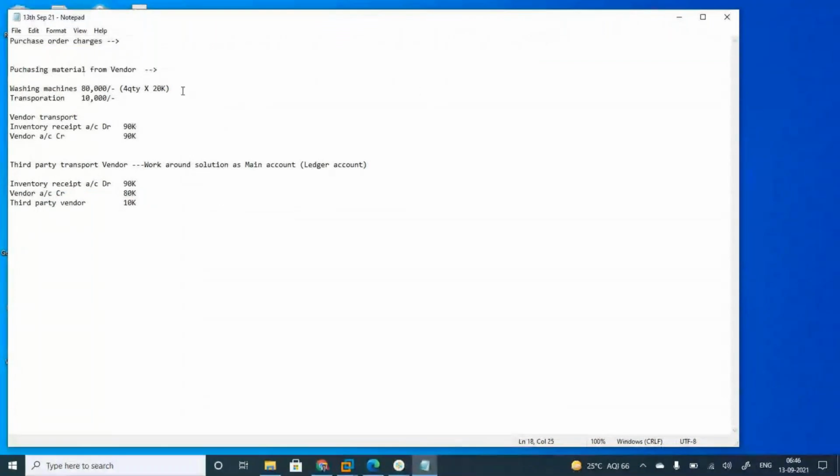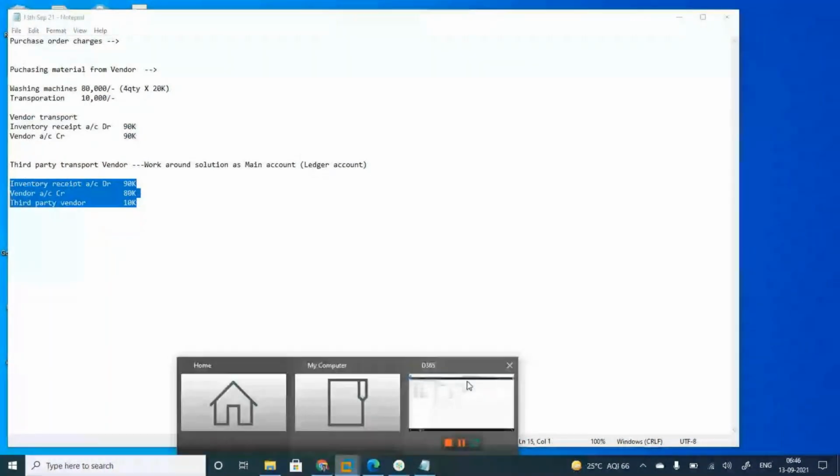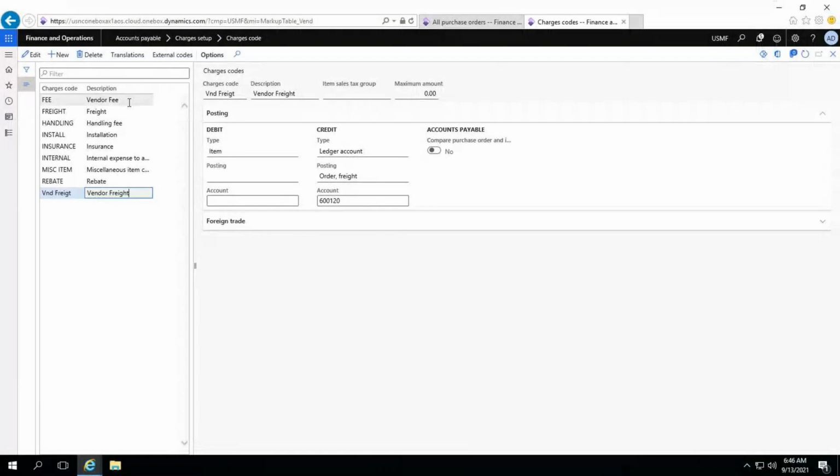Here, fee is vendor credit, whereas this one is a third party vendor, meaning a ledger account. It is posting to the ledger account and I will pay to this ledger.